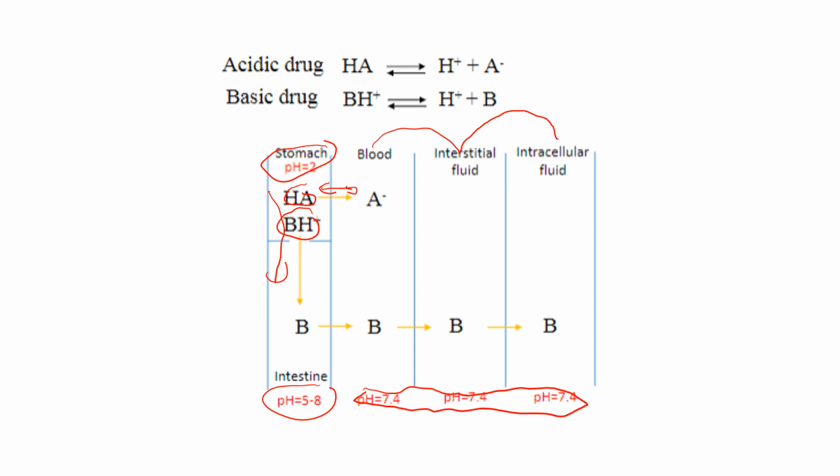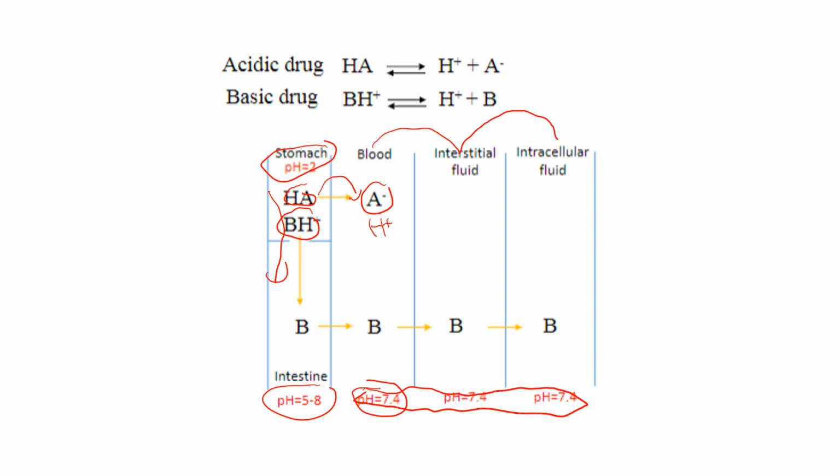But what happens is, when it's in the blood, since the pH is so much higher here, it might actually give up its proton because there's not as many protons around. It might donate it to a water molecule or something else in the blood, and all of a sudden it's charged now. It's just this acid minus.